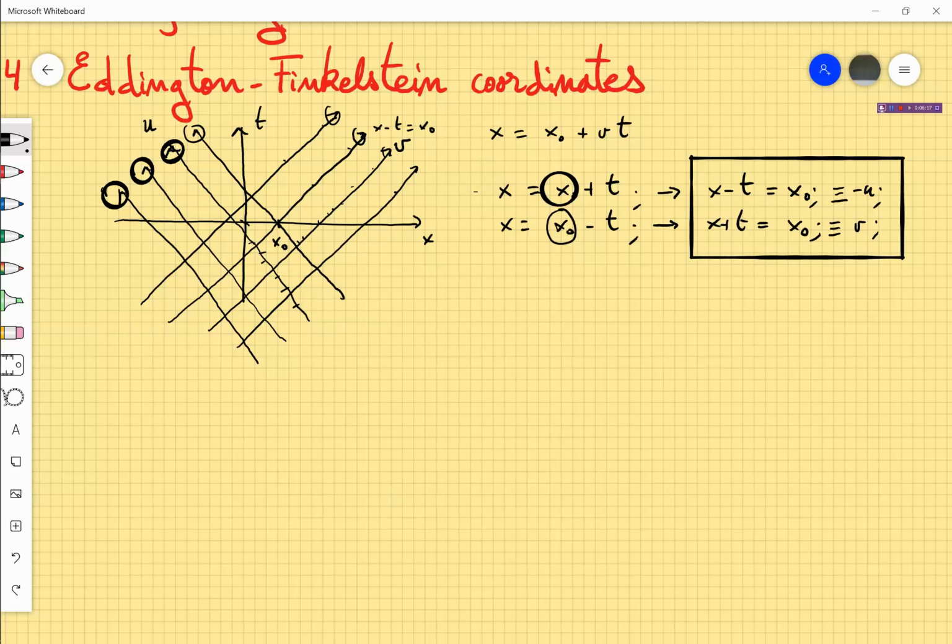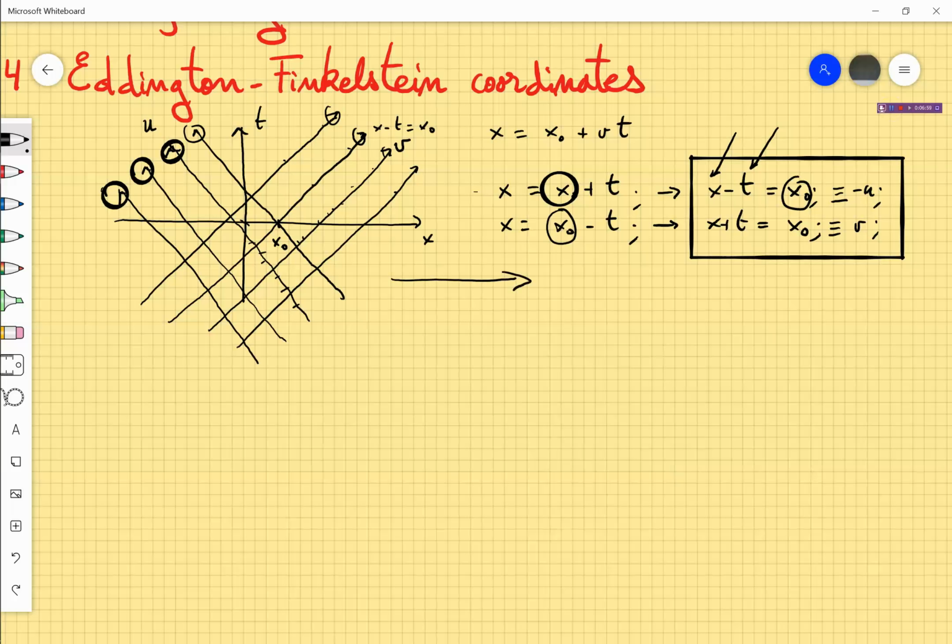So for those, when t grows, x has to grow also, and in this way x0 remains constant. This means that these particles are always directed in the direction of growing x. We will call this kind of lines or motion outgoing.